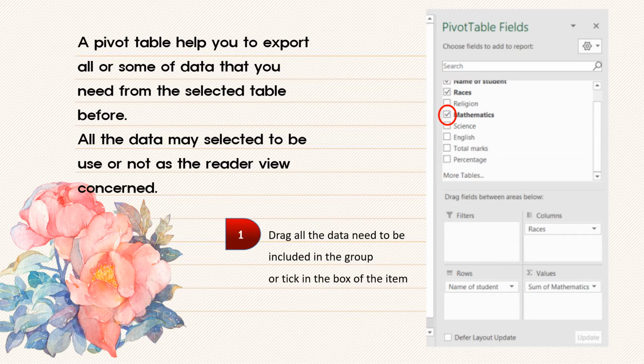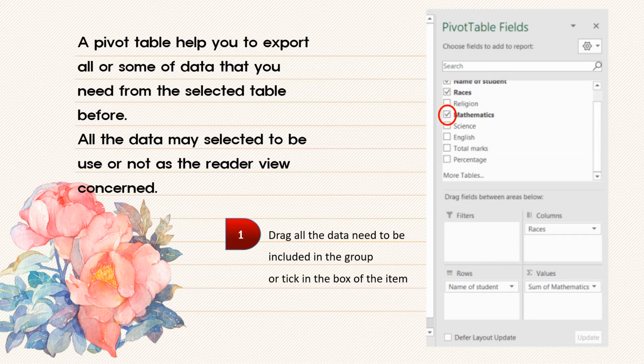You may drag all the data needed to include in the groups. Whatever you need, you may tick it, or just select and drag it to the column or the row you want. You may organize it your own way, how you want it to look.